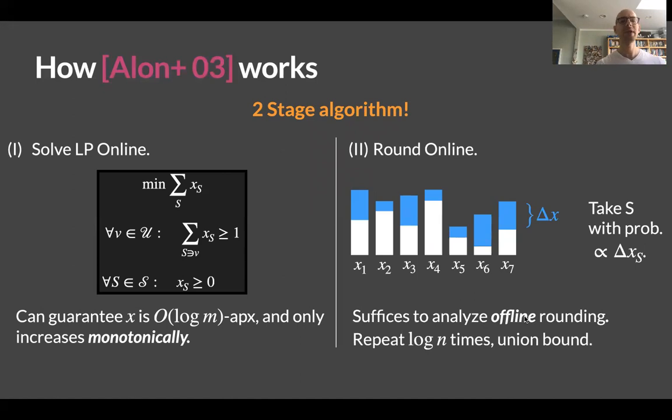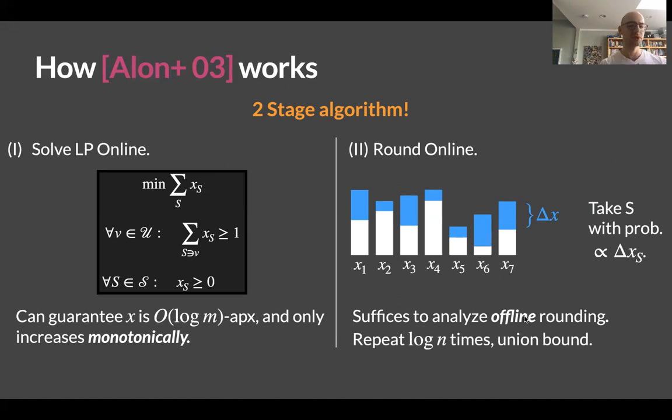And you can do this in such a way that the probability that you take a set S over the course of the entire algorithm, not just at a single time step, is exactly the final LP value X_S. And so it suffices to analyze independent random rounding as if it were performed one single time offline.